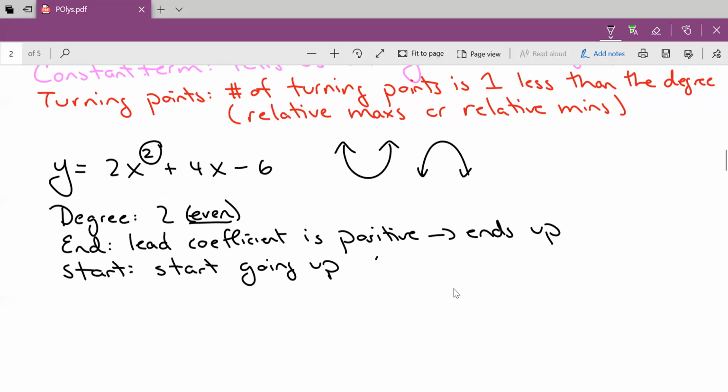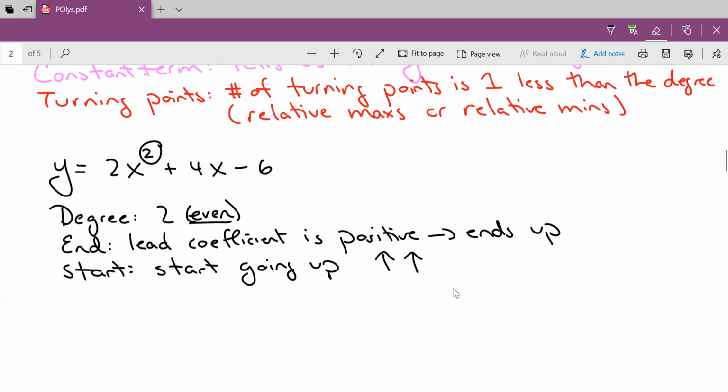So this graph will go up, up. Perfect. Okay, so there's where that little piece about the even or the odd degree comes into play. That's how it's going to help us figure out how our graph begins.